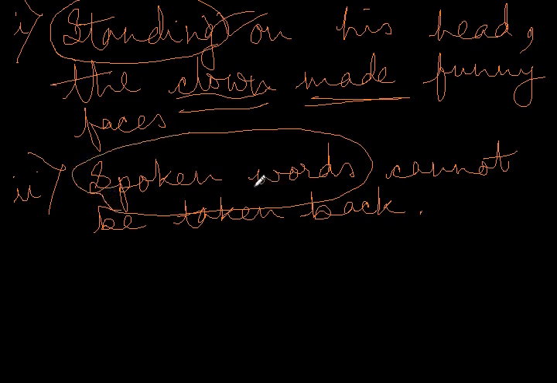Words is of course a noun. Now which is the word that describes this noun? It is spoken. Therefore spoken looks like a verb but it actually does the job of an adjective, and it ends with, as we can see, en. Therefore, spoken is a past participle.